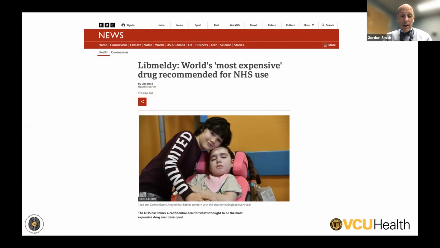This drug costs $3.8 million per year. So it makes Zolgensma look like a bargain. And initially, NICE refused to pay for it. But just released a few days ago was the news that they are going to pay for it. They negotiated a different price based on their analysis of its value. We don't know what that is, but it's the system working.